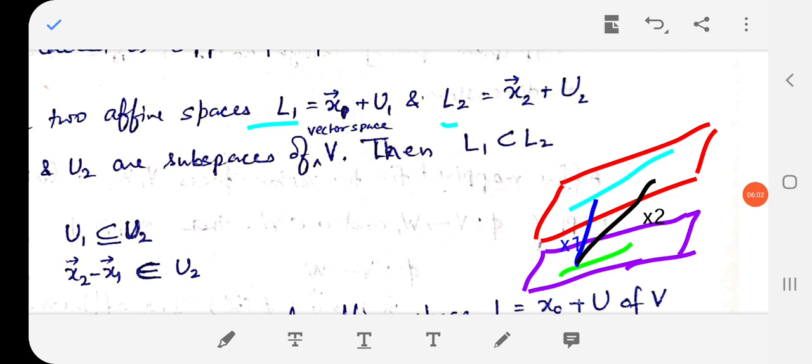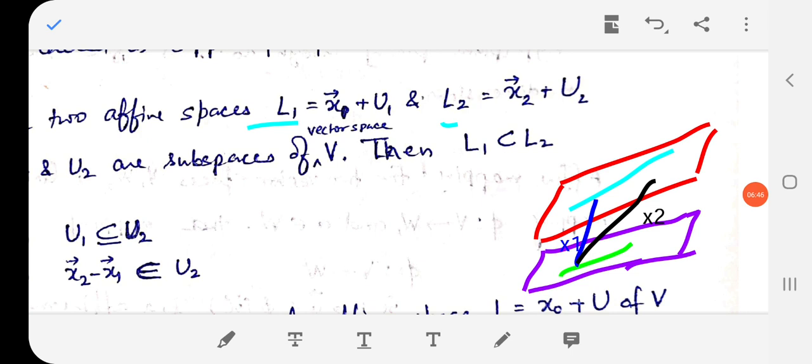The support point for this green subspace, and the corresponding affine space is the cyan colored one, is x1. Every point in the green subspace is shifted by x1 to make the affine space in cyan color. Similarly, the purple space is a subspace, and every point in it is shifted by the black vector, the x2 vector, to the red plane. This red plane is L2, and the cyan color is L1.